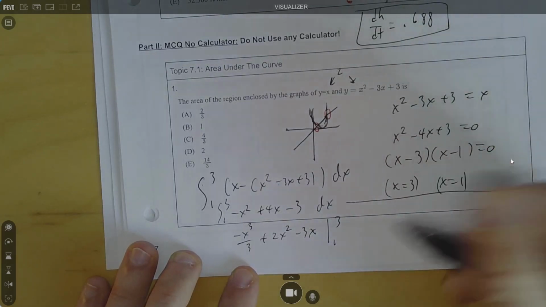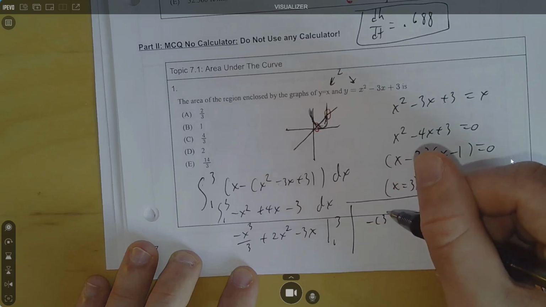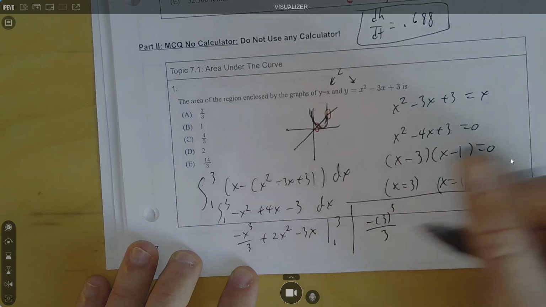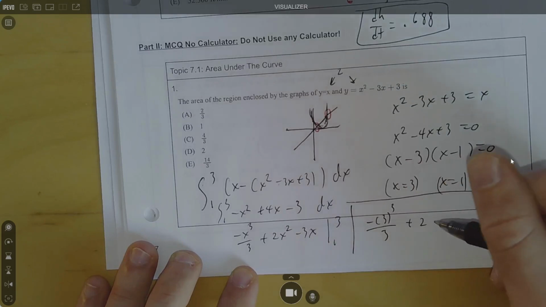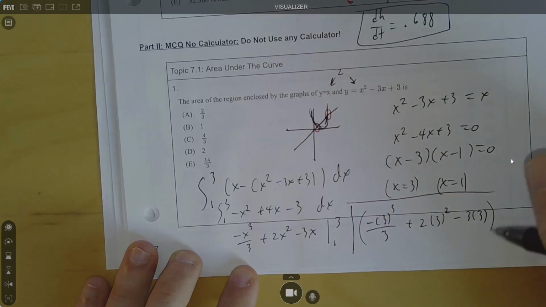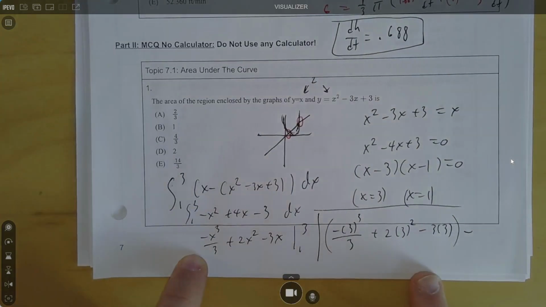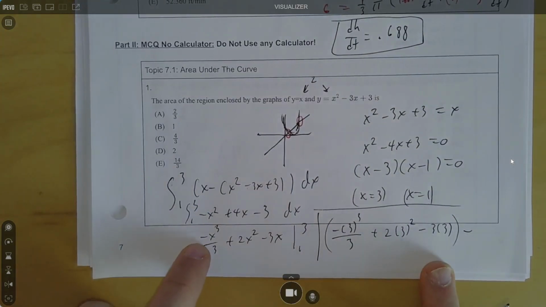Okay, and so we're going to do it over here. We're going to do negative 3 to the third over 3 plus 2 times 3 squared minus 3 times 3. All of that minus, let's plug in a 1 to all this. It's going to be negative 1/3 plus 2 minus 3.